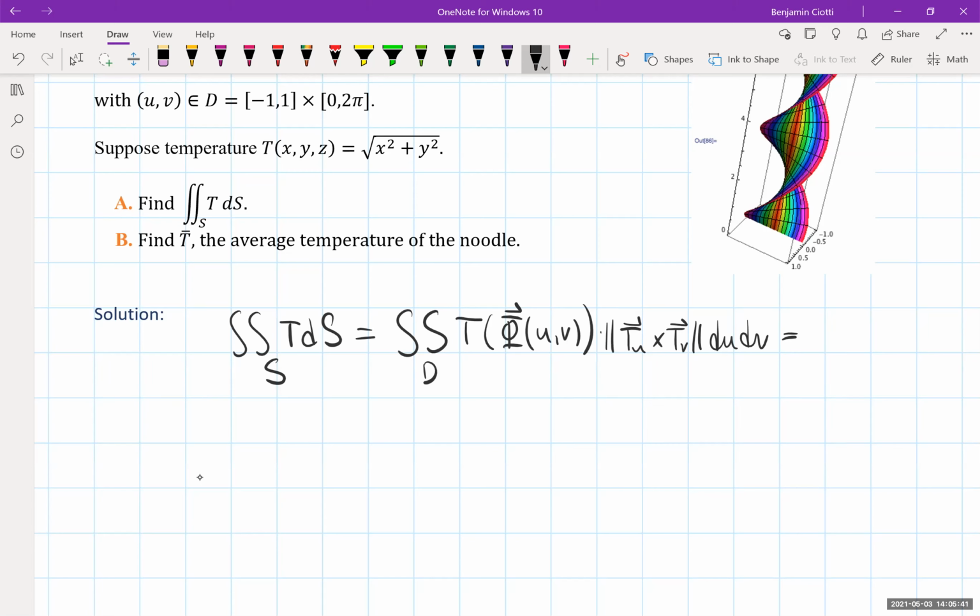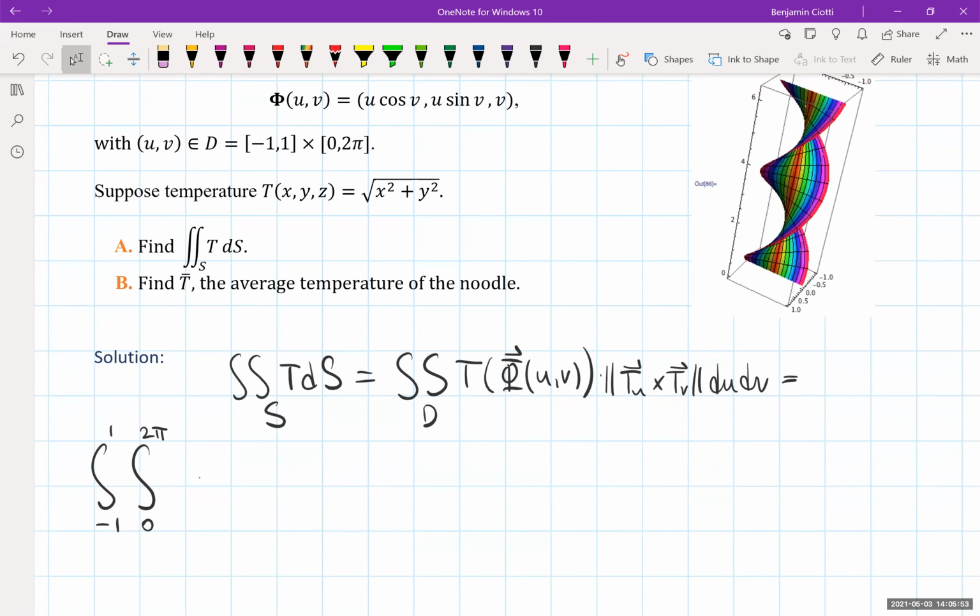So let's see. The domain was -1, 1 cross 0 to 2 pi. T of psi will apparently be the square root of (u cos v) squared plus (u sine v) squared.